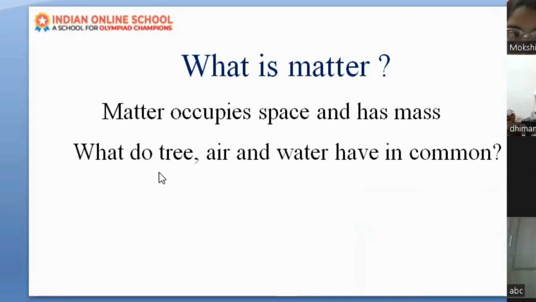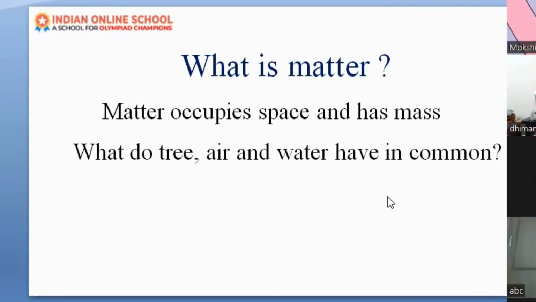Now, what do tree, air and water have in common? The tree is a solid substance, air is a gaseous substance, water is in liquid form. What is common in all these three? Ma'am, there are molecules in every object.